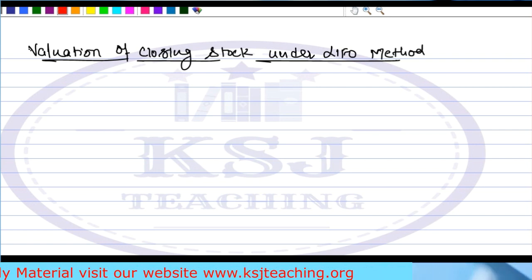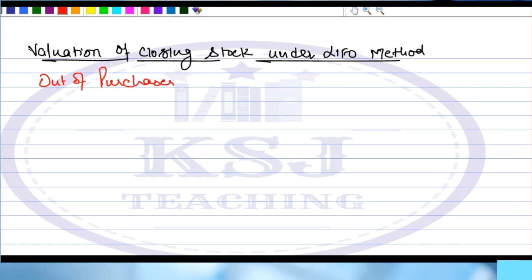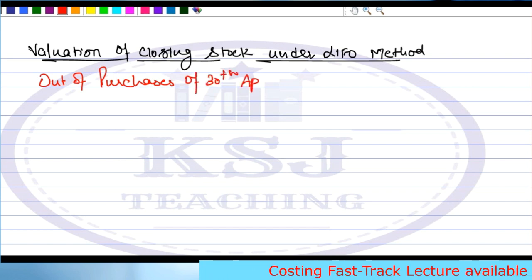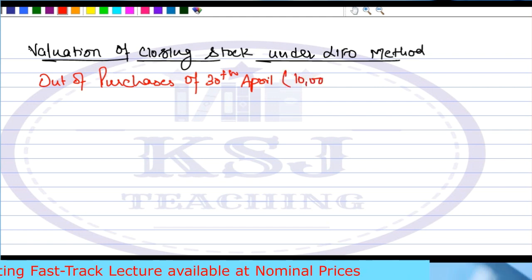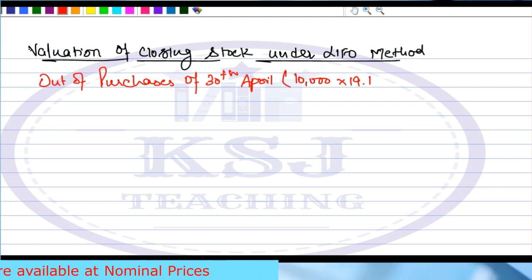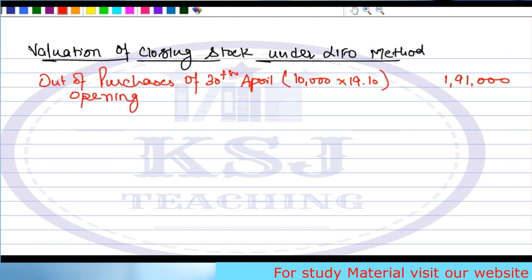Sir, one is out of purchases of 30th of April. How many units? 10,000 units multiplied by 19.10, right? 1,91,000, right? Then what is left is opening stock, opening inventory.